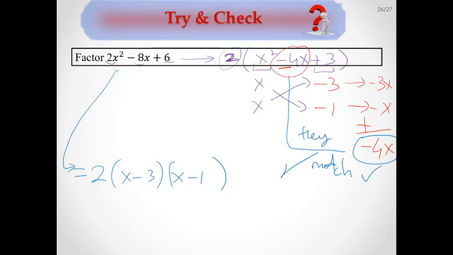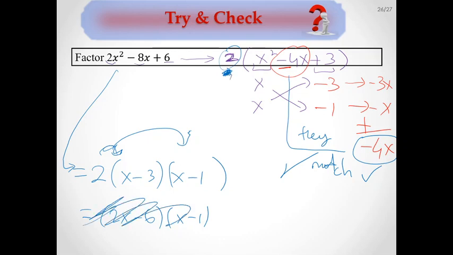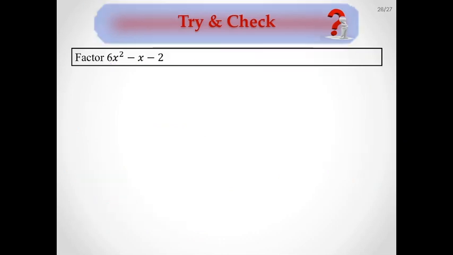If you forget to factor out the greatest common factor, you will get 2x minus 6 when distributing. Since we know the greatest common factor exists, we have to write it at the beginning. This is the factoring of this.